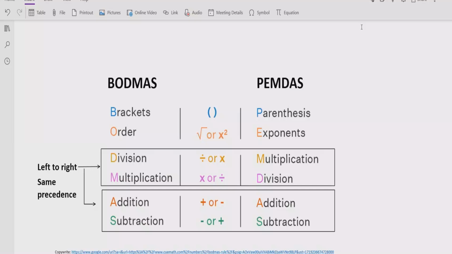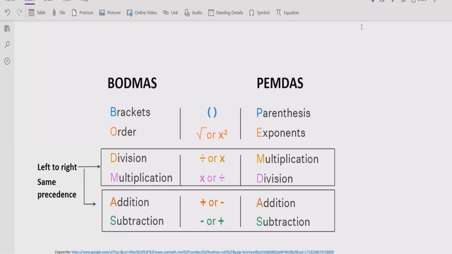These rules apply in different regions, and if you follow either rule, you get the correct answer. The rule says if your expression contains any bracket or parenthesis, you have to solve that part first. Step two is to find the exponent part after the bracket and solve it.